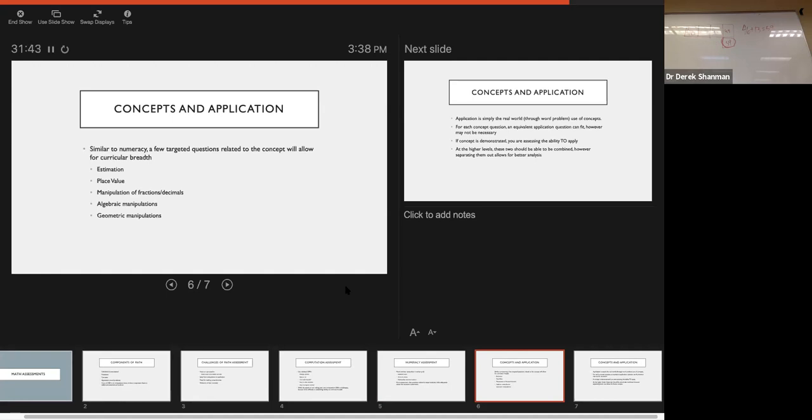Once I leave kindergarten, first grade, I'm not assessing time skills. Once I leave second grade, I'm not assessing money skills, right? We've learned that concept and it is contained within the grade that it's taught.